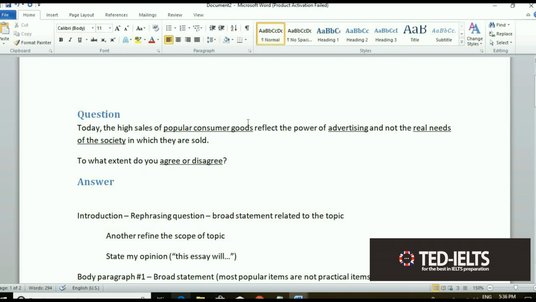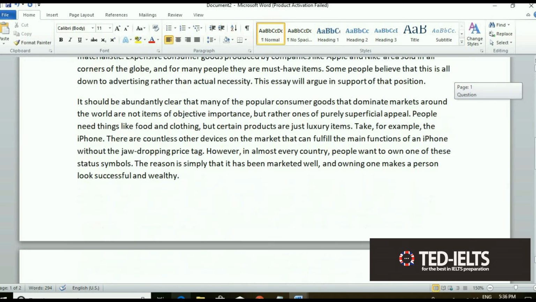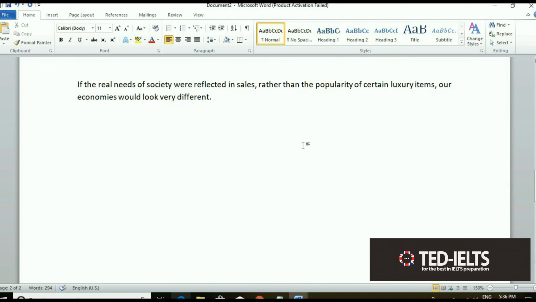But obviously this is true, that the high sales of popular consumer goods are higher than the real needs of society. I need to bring advertising in pretty soon though, to keep on topic.